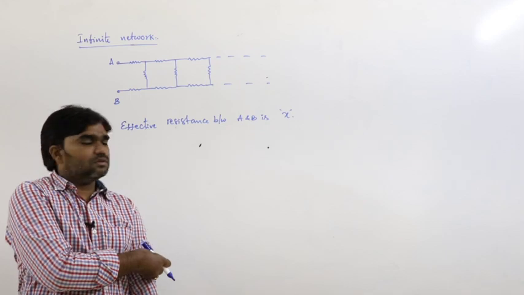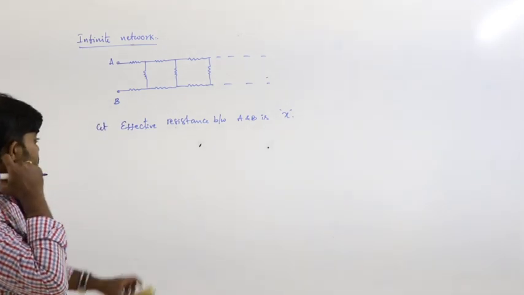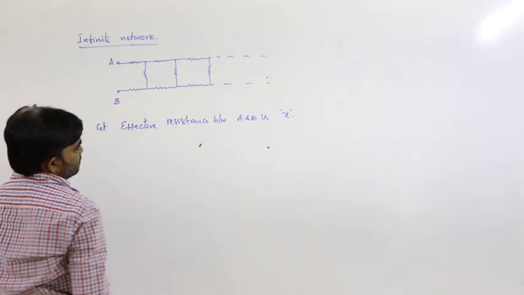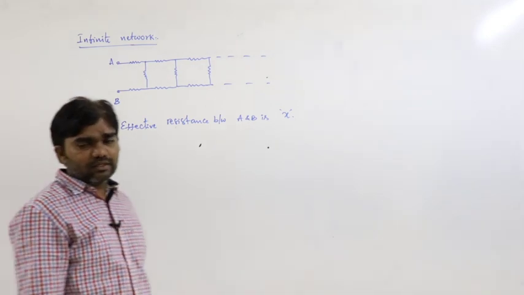Just let us assume that the effective resistance between A and B is X. That X we have to calculate.